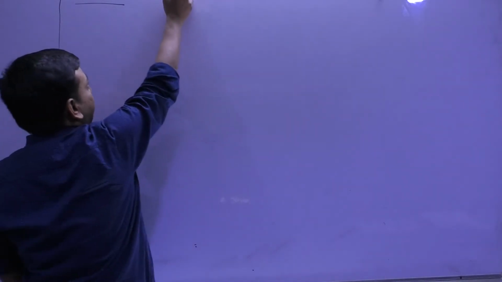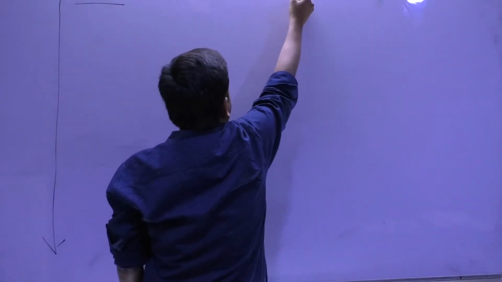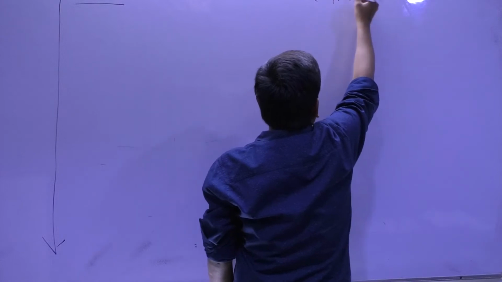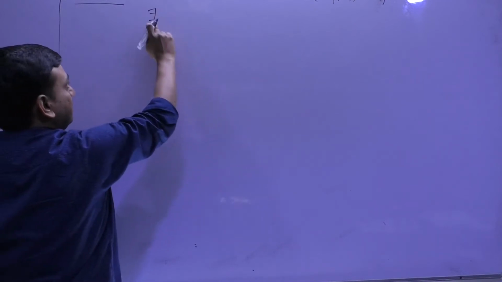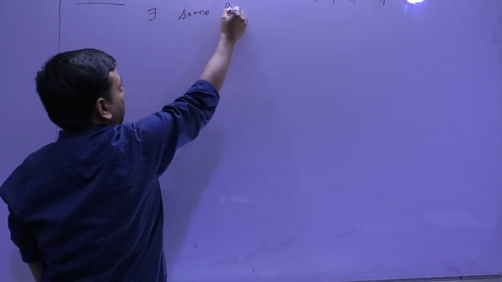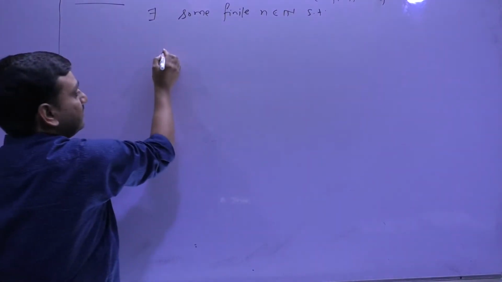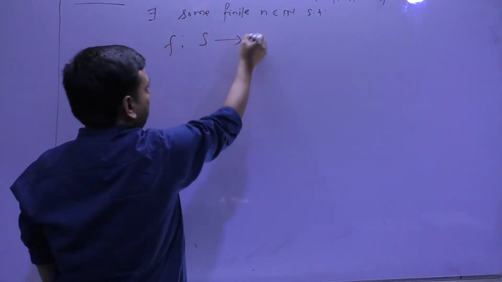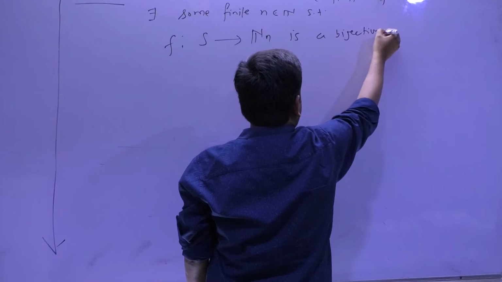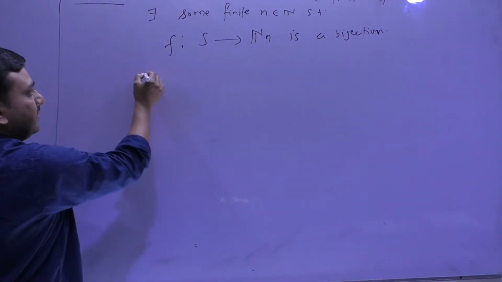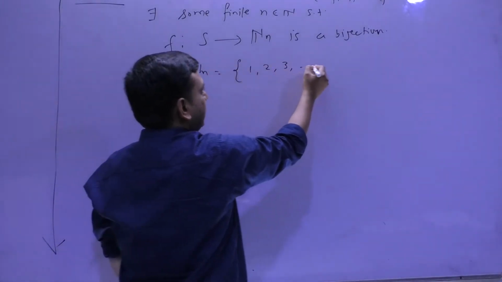A set, capital A, or you can say S, is said to be finite if there exists some finite n belonging to N such that f from S to N_n is a bijection, where N_n is just a subset of N containing n elements.